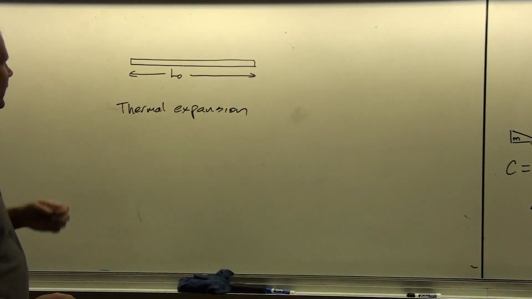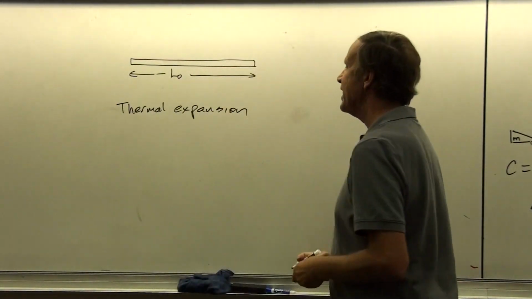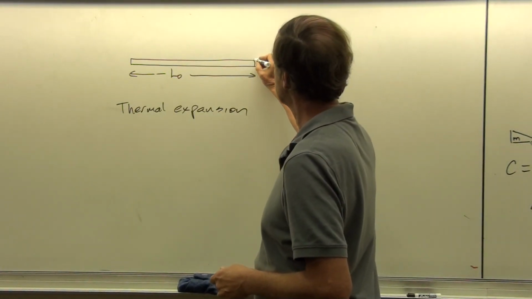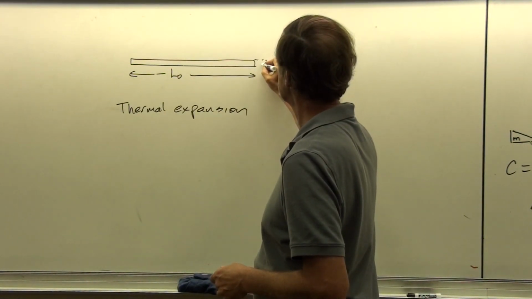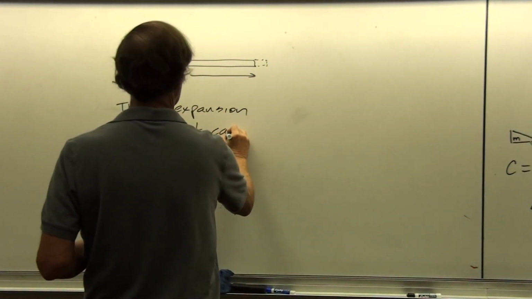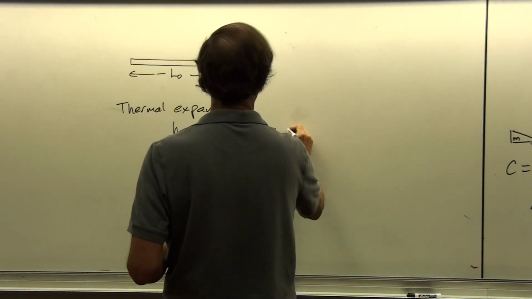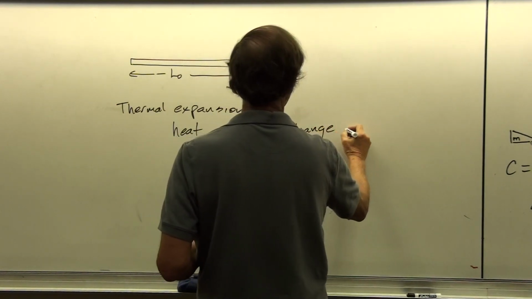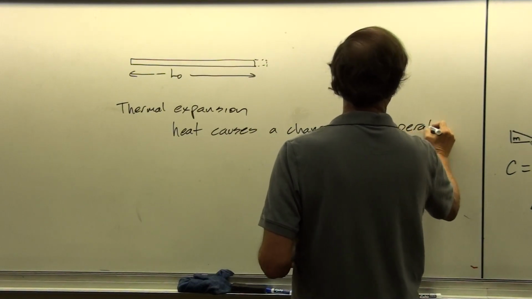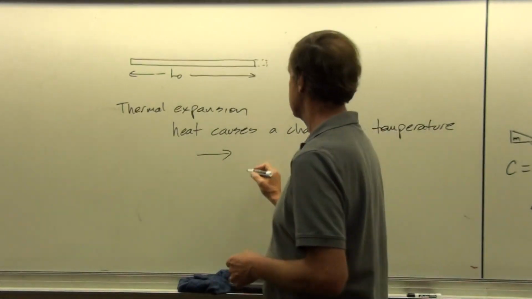Now, in thermal expansion, if you heat an object up, in other words, if you add heat to it to change its temperature, this is going to cause a change in the length of the object. So heat is absorbed by the object, and the heat causes a change in temperature, as we saw before. But the change in temperature results in a change in length.